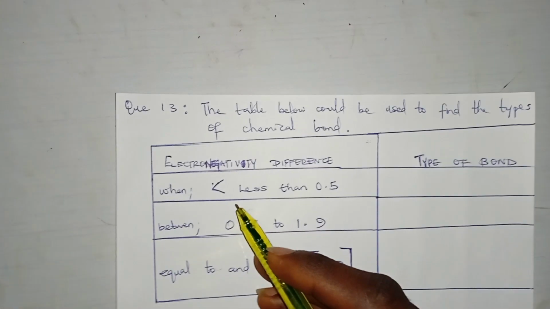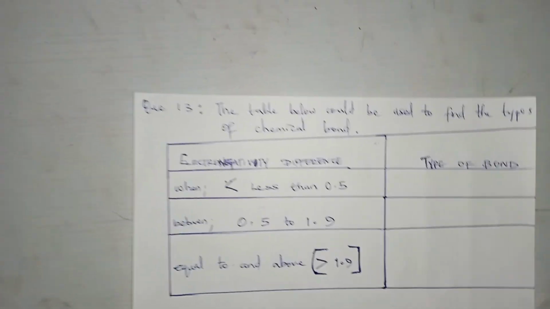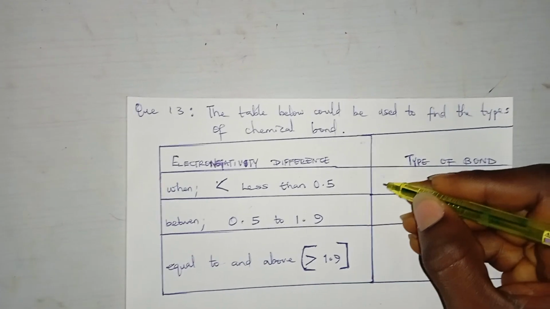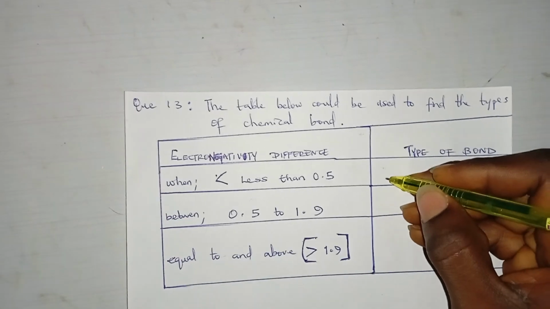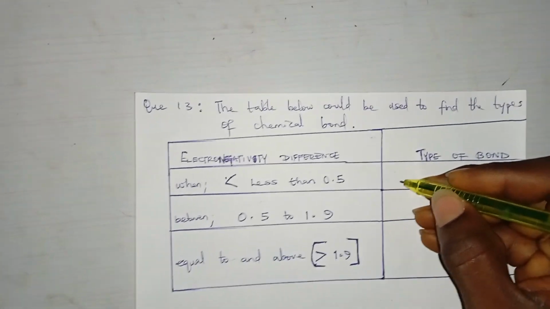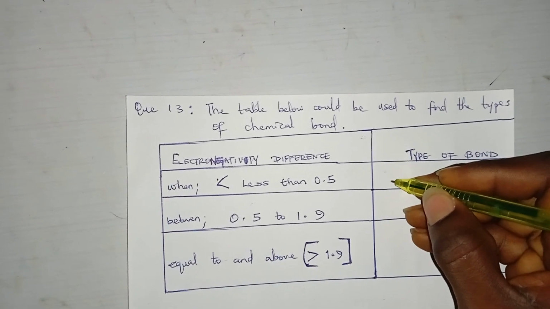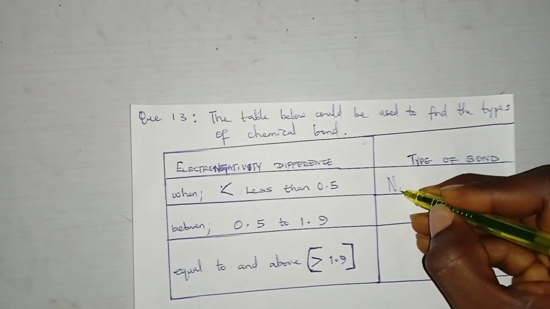So anytime your En value is less than 0.5, just know that the lesser the value, the more equivalence there is in sharing or transfer. So when it's less than 0.5, it means it's non-polar.